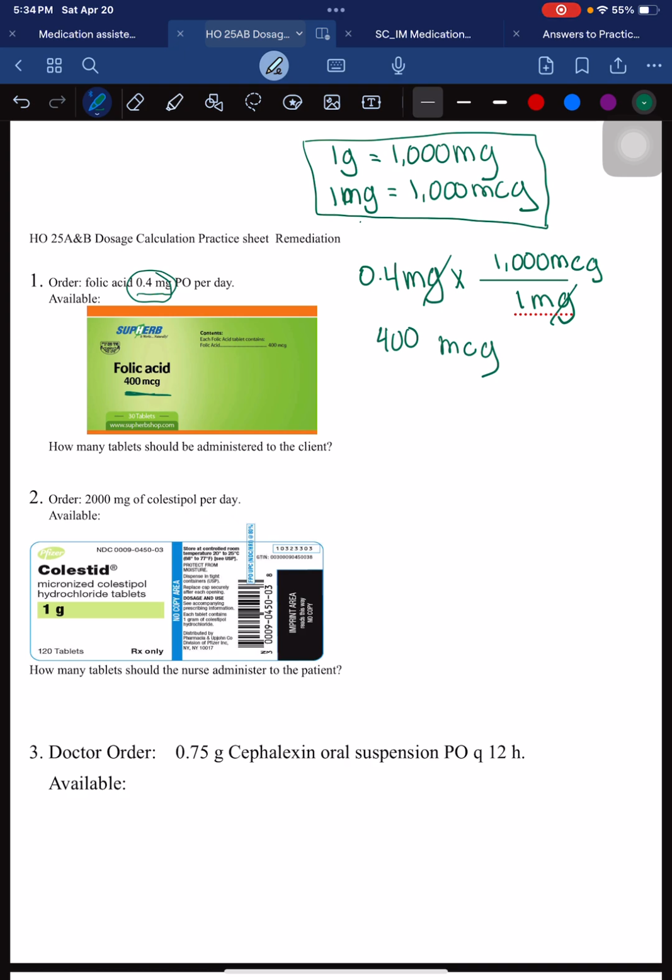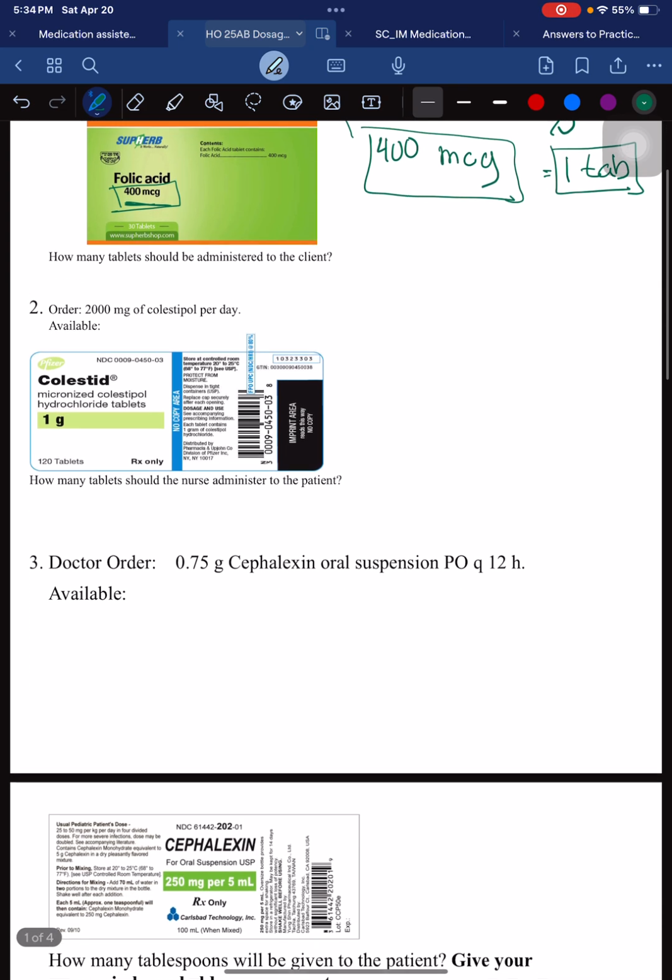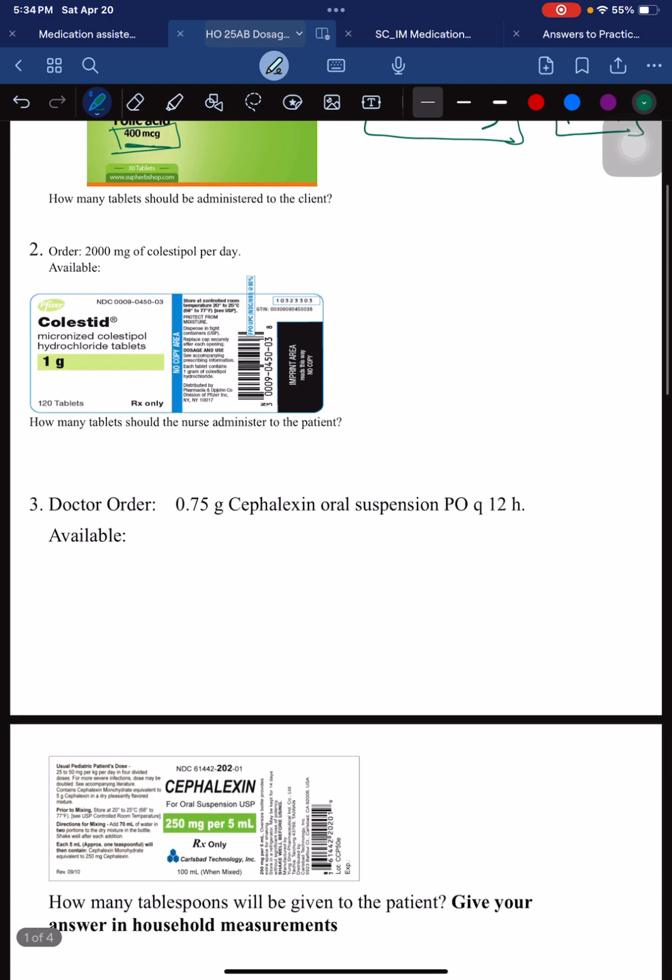Okay, so now you know that 400 mcg is equal to 0.4 mg. Therefore, you only need 1 tablet. That's your answer.